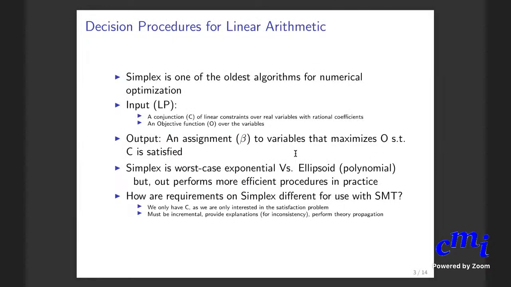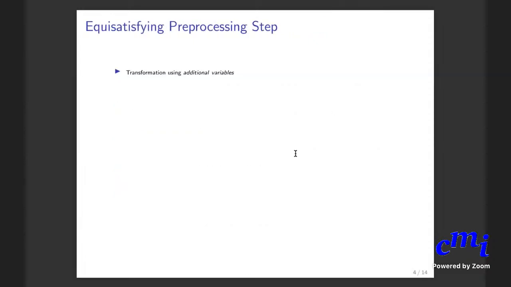What I'll be presenting is a simplex algorithm just to check satisfiability of a conjunction of linear inequalities. So the first step that simplex algorithms do is a pre-processing step.